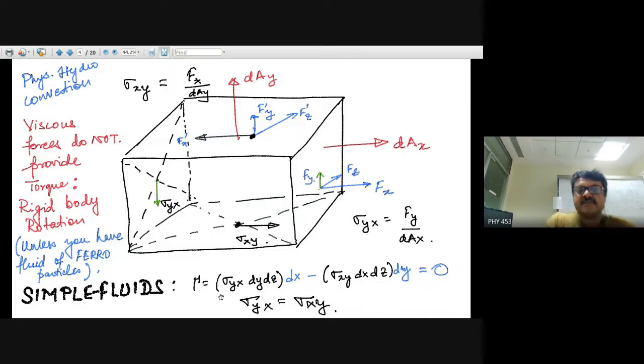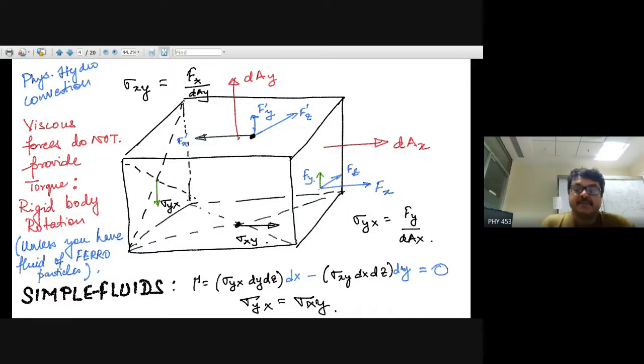As a consequence, the total torque has to be 0, the consequence of which you can see is that sigma yx equals sigma xy. It's a consequence of the fact that these forces cannot apply a net torque to the element of the fluid, because the stress tensor is related to the symmetric part of the velocity gradient tensor, which does not cause any rigid body rotation.